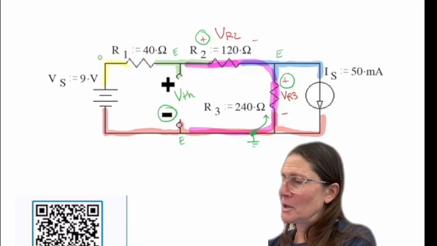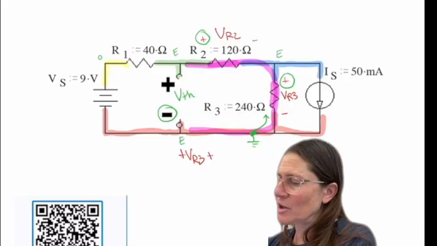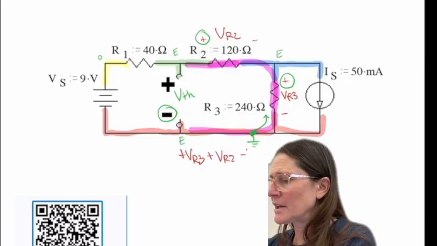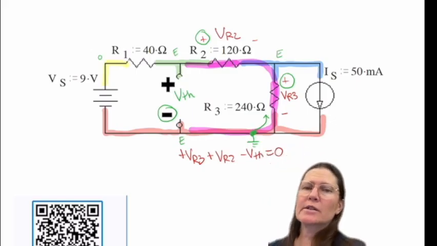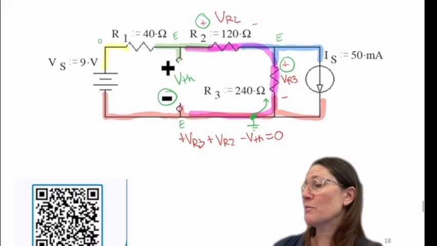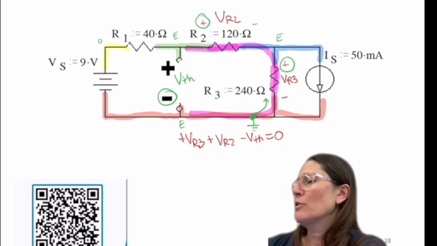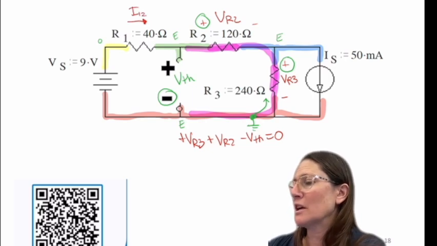I'll just rewrite my whole equation: plus VR3 plus VR2 minus VTH equals 0. Now I need to know VR2 and VR3, so I'm going to label a current. I'll call it I12 again.